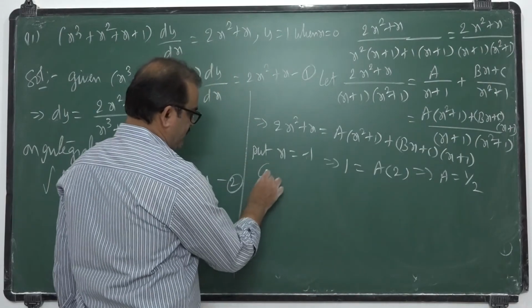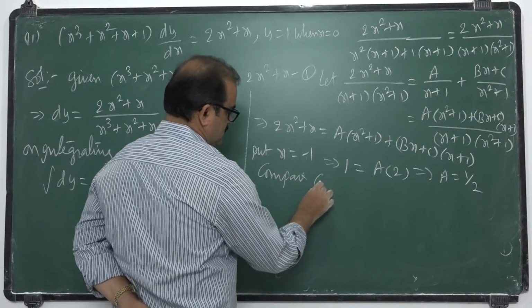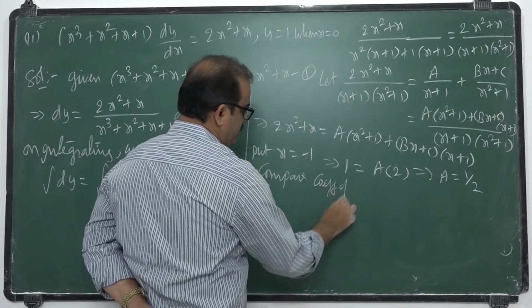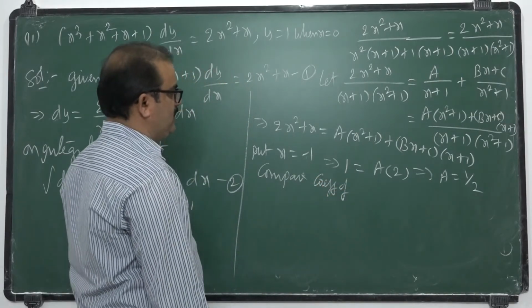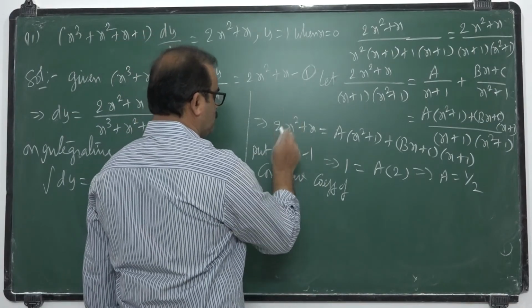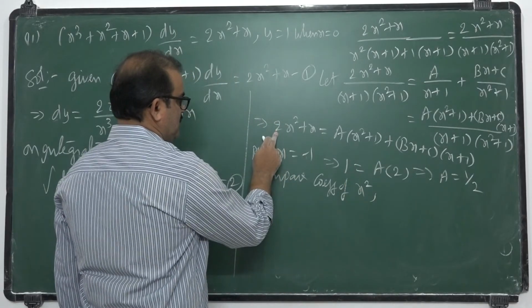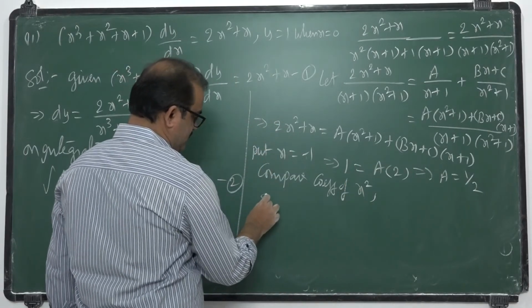Now compare coefficients. First compare the higher powers of x. What is the higher power of x? 2. So compare the coefficient of x square. In LHS, the x square coefficient is 2.